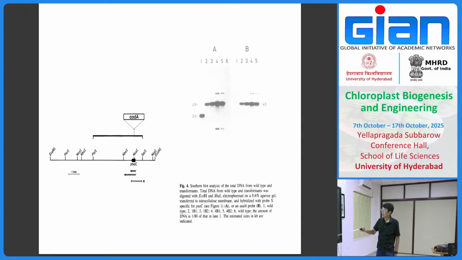At that time, for example, it's a little bit technical, this is a large EcoRI fragment, and then subcloned PstI and SalI. This is an old experiment. It was published in 1991. So at that time, there were not so many techniques. PCR was just becoming commonly used.